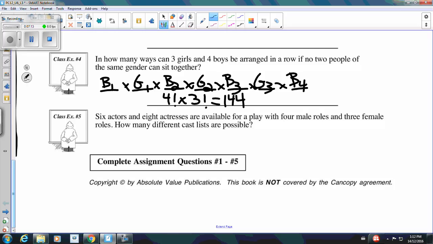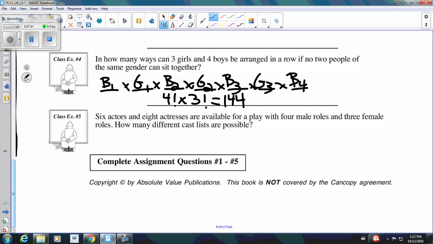6 actors and 8 actresses are available for a play with 4 male roles and 3 female roles. How many different cast lists are possible? So you could do this using the fundamental counting principle, but remember we also have our permutations, which are sometimes simpler to use. So I have 6 male actors to choose from, and I have 4 roles. The reason this is a permutation is that with permutations, order matters.